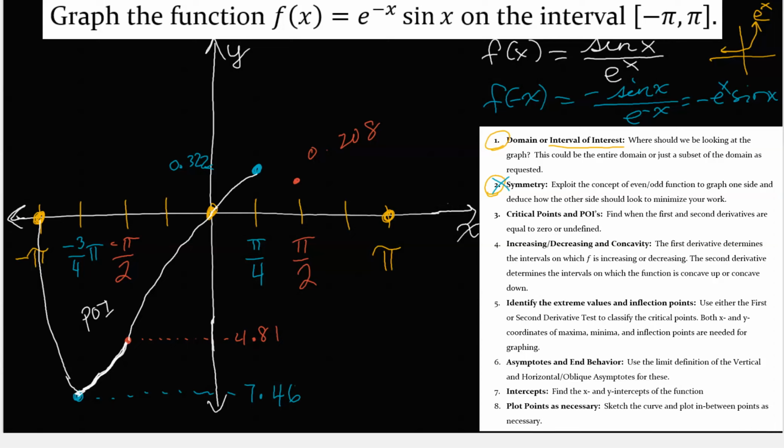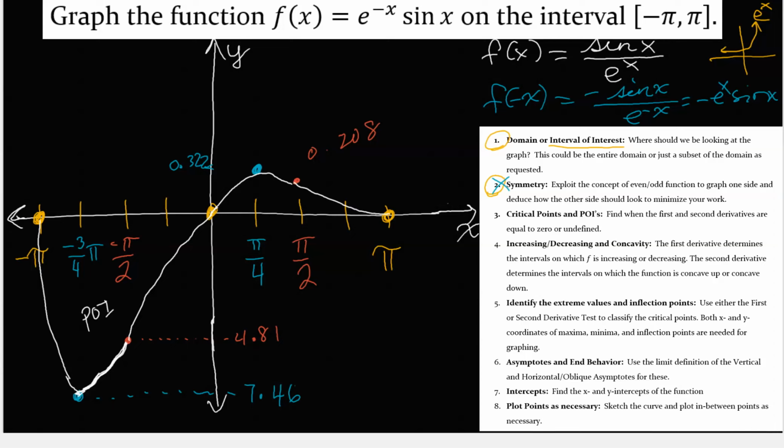And it is still concaving down, but decreasing here up until pi over 2. It's still concaving down. And then from negative pi over 2 to pi, it continued to decrease, but concave up.